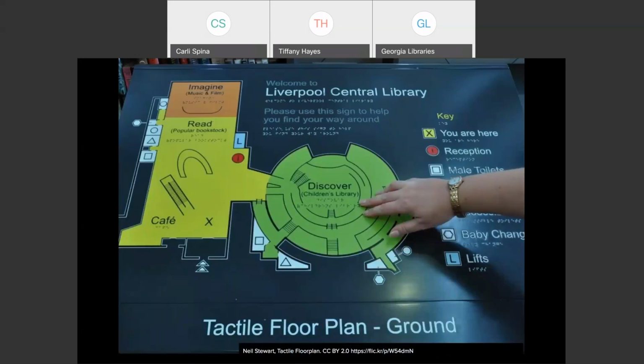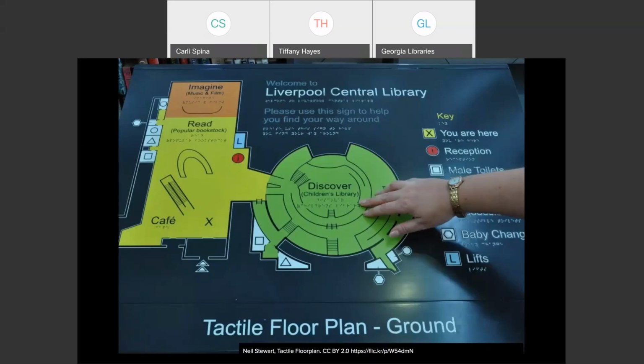And this floor plan is great because it not only includes Braille, but it also has a mix of text and symbols, which we'll see is an important part of universal design because it makes things more universally perceptible, more understandable by people who either are too busy to bother reading or are unable to read your sign because of either the language it's in or their reading level. It makes use of colors as well, so that somebody can tell at a glance what is going on in different locations.